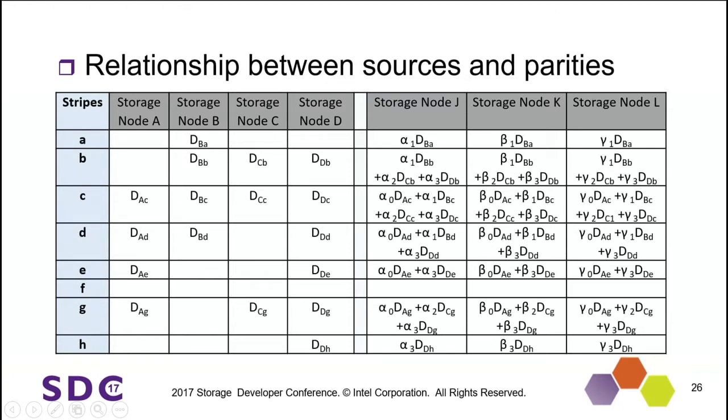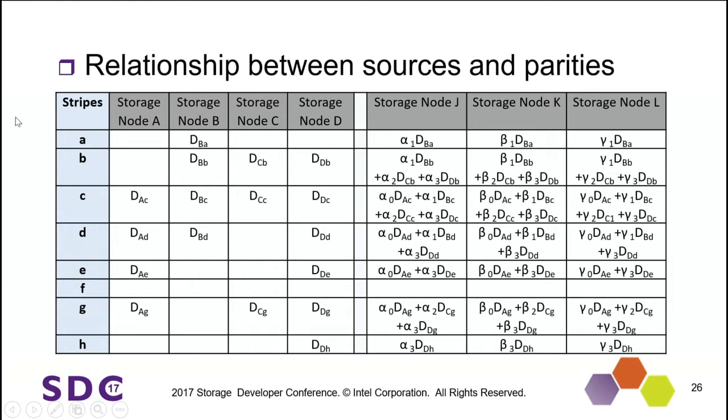Stripe E has 2 blocks, data AE and data DE. So its parity has only 2 blocks of information, and for this stripe the erasure code is only 2 plus 3.